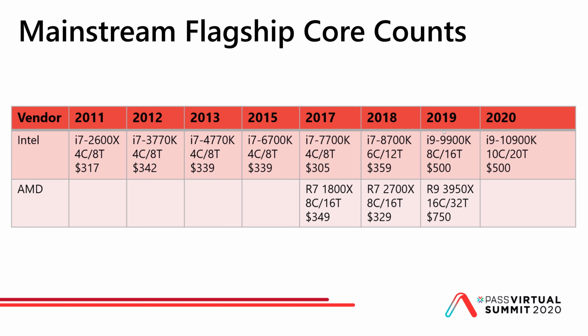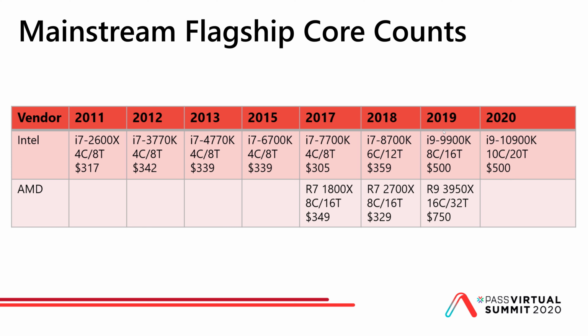The reason for that was that Intel had absolutely no competition from AMD. The AMD desktop processors of this era were just terrible. They could not compete at all with Intel. And so Intel just sat on 4 cores, 8 threads as the best you could possibly get for a mainstream desktop. So then they did it again in 2013 with Haswell.